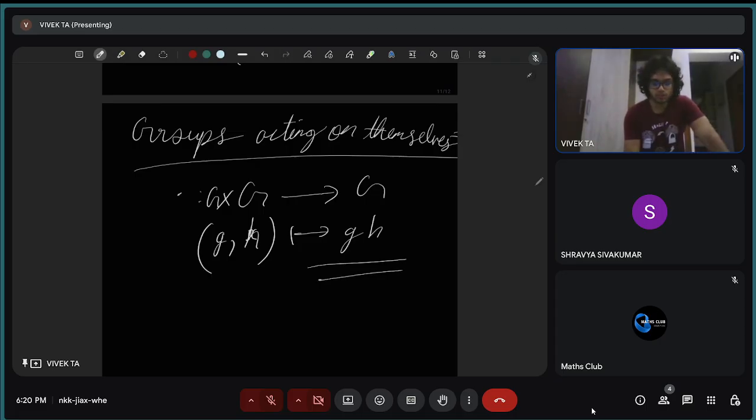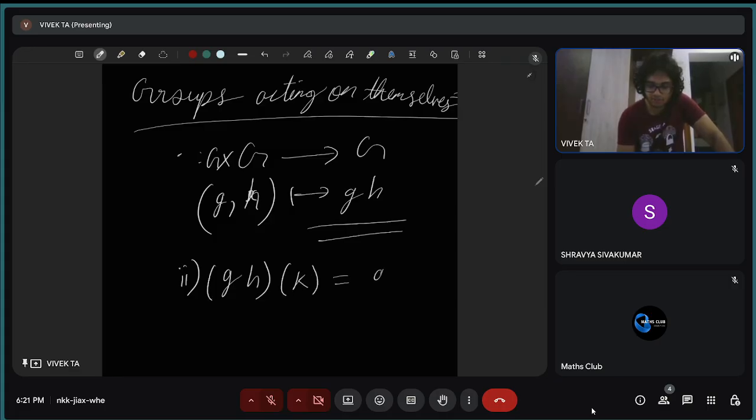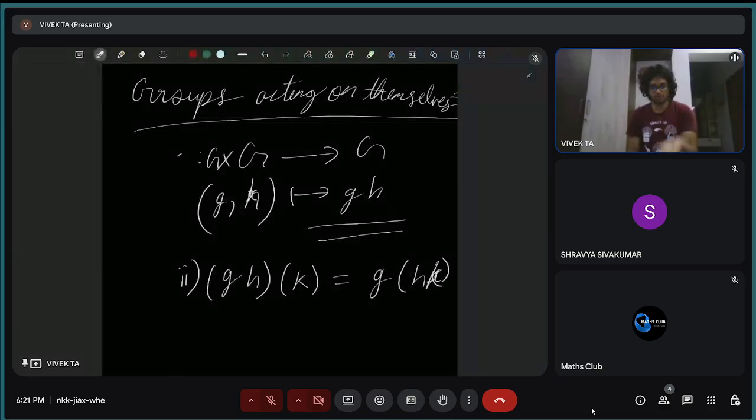This is a group action because for one, the identity operation is direct. The second property is just associativity in this case. GH applied on K is equal to G of HK. This is associativity, which was a part of the definition of a group. So hence, the group acts on itself by left multiplication. This part is fine?